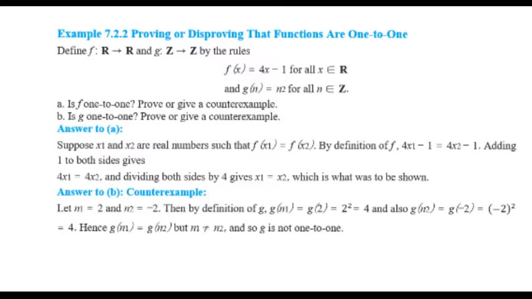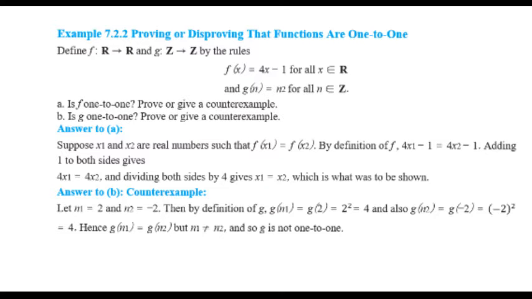So for part A, consider x1 and x2 as two real numbers belonging to the domain of function f, which is the set of all real numbers, such that f of x1 is equal to f of x2. By the definition of f, you can write f of x1 as 4x1 minus 1 and f of x2 as 4x2 minus 1, correct?